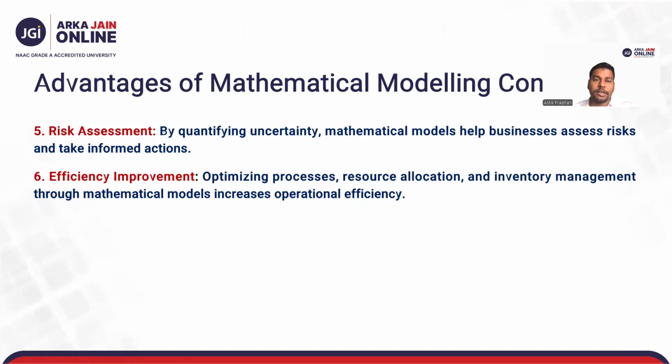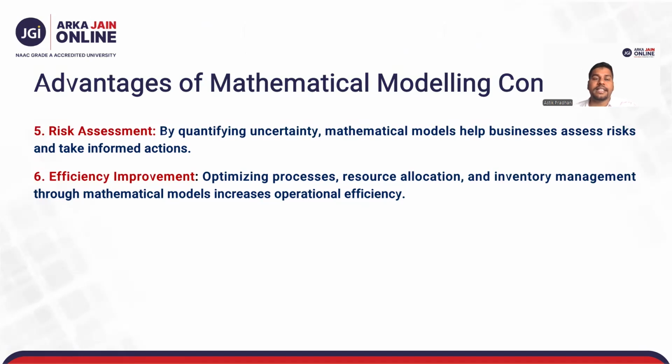Mathematical modeling is equally required, and that can also lead to risk assessment to minimize the risk, whether the risk is going to be high or low, or it is going to be in the moderate value or median value. That thing we can identify by using the mathematical modeling concept.